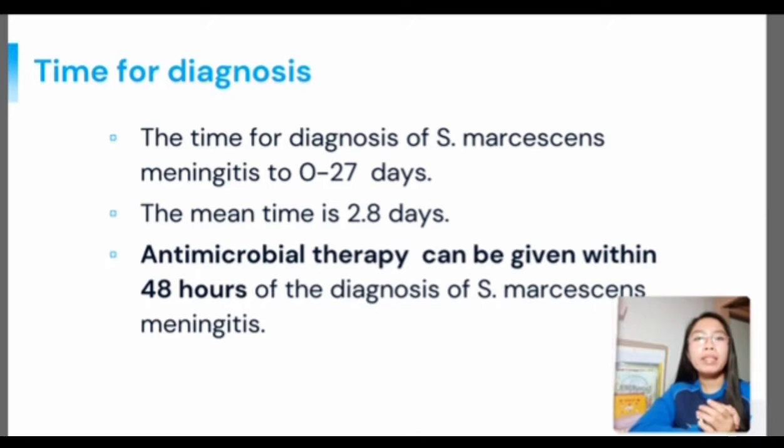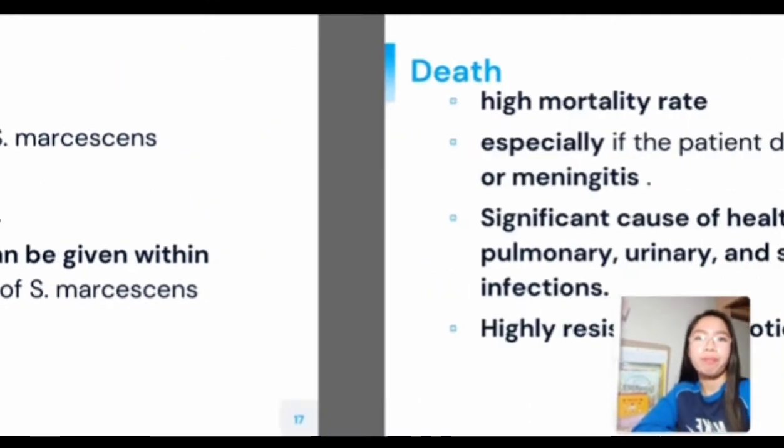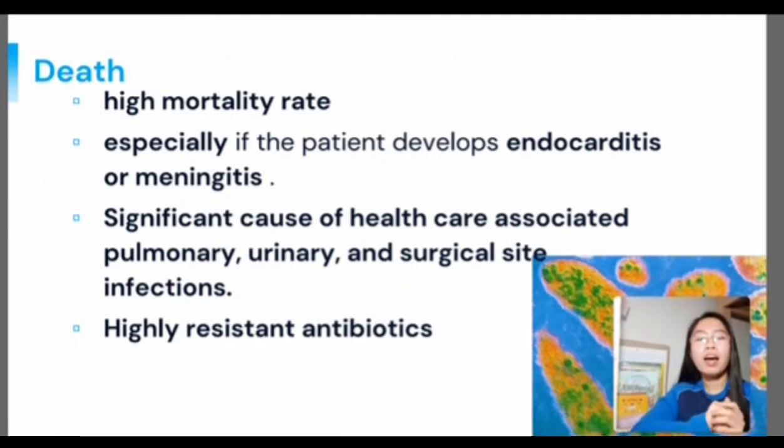Antimicrobial therapy can be given within 48 hours of diagnosis of Serratia marcescens meningitis. The mortality rate of this bacteria is high, especially if those patients develop endocarditis or meningitis. It is a significant cause of healthcare-associated pulmonary, urinary, and surgical site infections. Also, it is highly resistant to antibiotics.